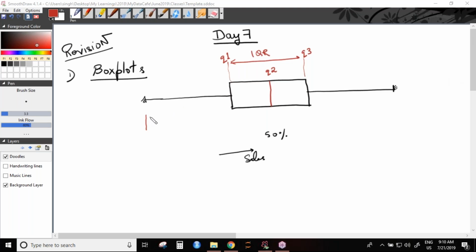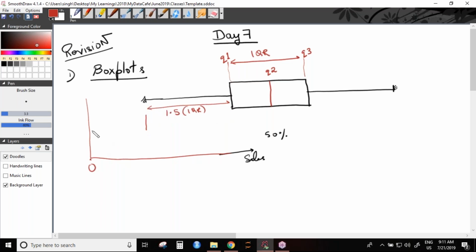Yeah, so this distance from here to here is 1.5 times IQR. Now if you have to find out what this is, let's say this is sales and this is the origin. I know that this distance is 1.5 times IQR.